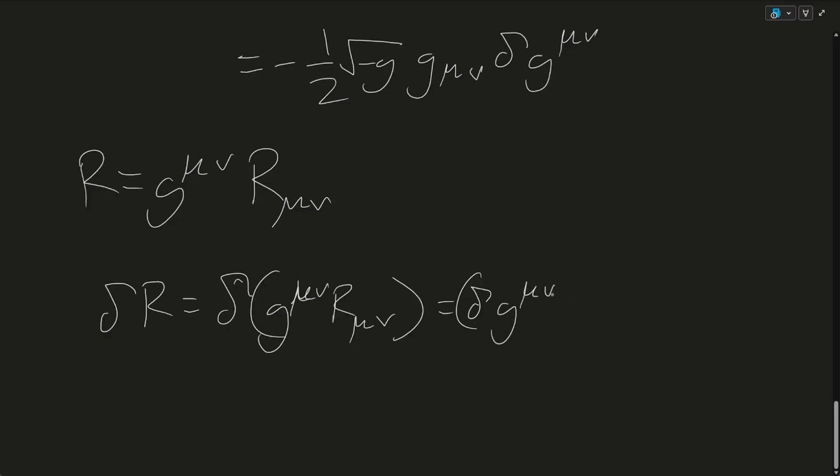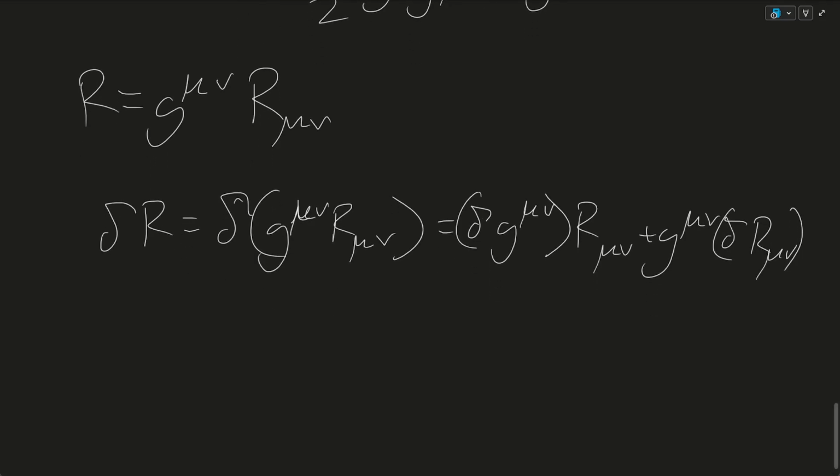Plus g to the mu nu delta R mu nu. Stop saying mu nu every time, it's getting really tiring. The first term is already in the form we need, so that's fine because it's proportional to. Okay, that's alright. But the second term we can do stuff with.